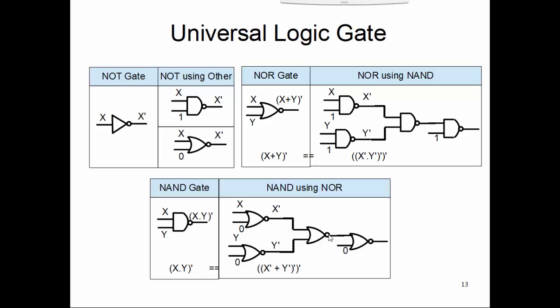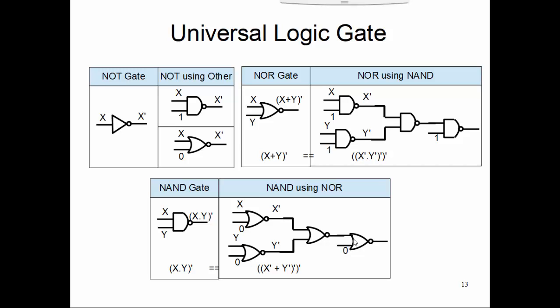So essentially you are seeing that if I have only NAND gates, I can implement NOR, I can implement inversion, and therefore I can implement any logic in the whole world. On the other hand, if I just have a NOR gate, then also it's true. I can implement an inverter with a NOR gate, and I can implement a NAND gate with a NOR gate.